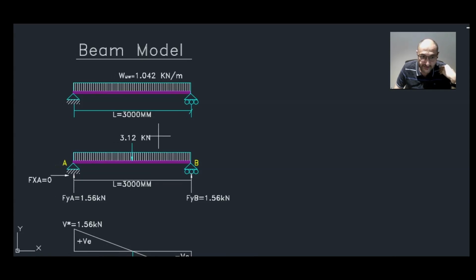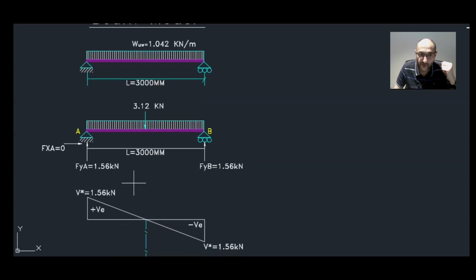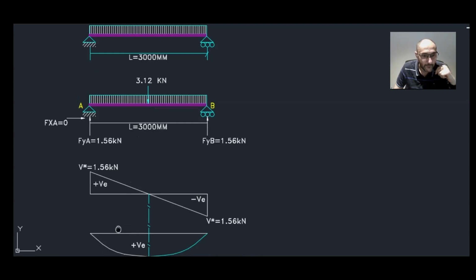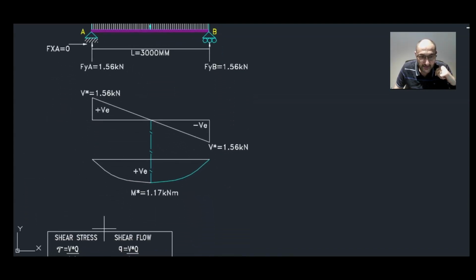Working out the reactions, we have FYA and FYB of 1.56 kilonewton. What we did is simply multiply 1.042 times 3 meters, which will give us an equivalent point load of 3.12, and then divide that by 2. So the shear force is 1.56 kilonewton.